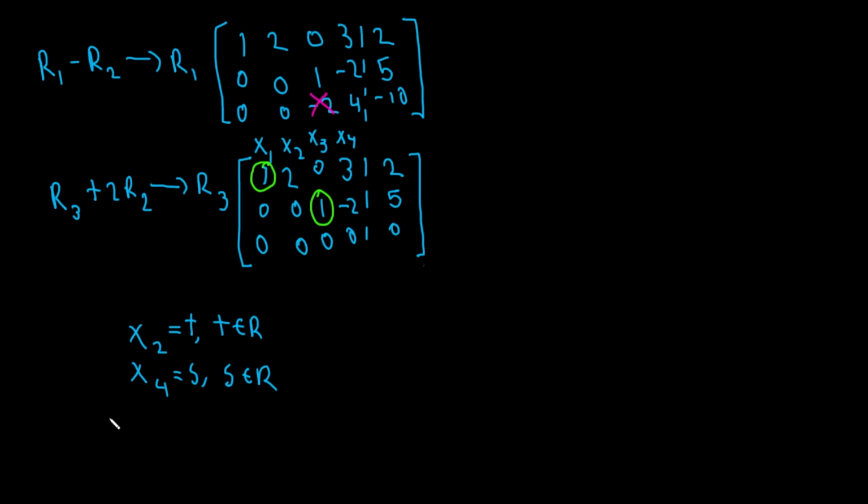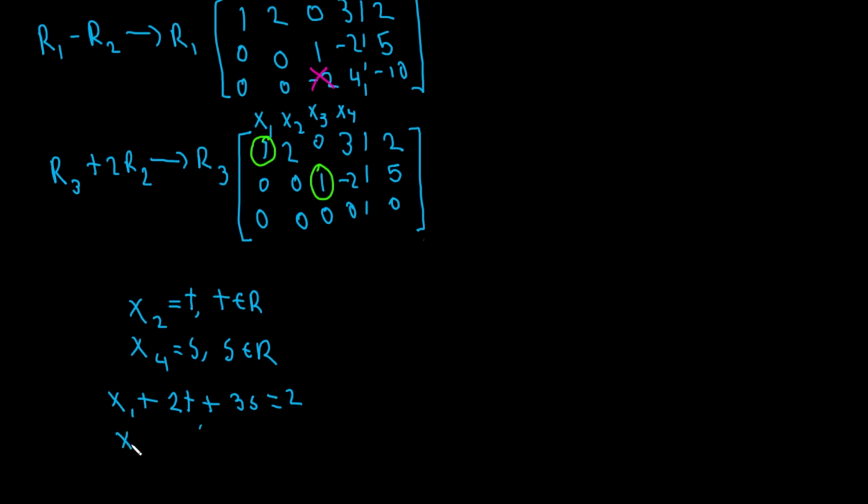So x1 plus 2x2, well 2x2 is just 2t because x2 is equal to t, plus 3s because it's 3x4 and x4 is equal to s, is equal to 2. Now we can solve for x1, and x1 will equal 2 minus 2t minus 3s. So this is a solution to x1.